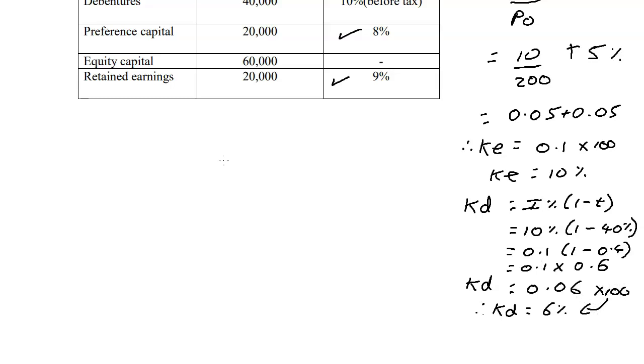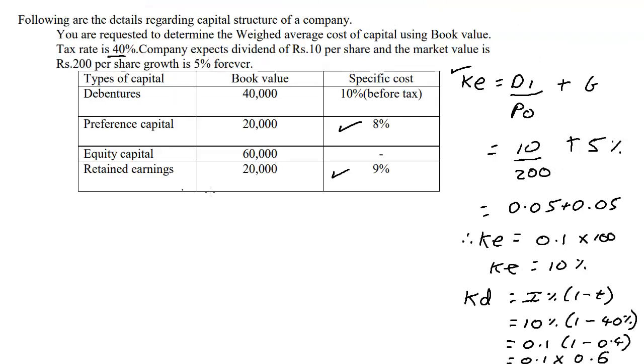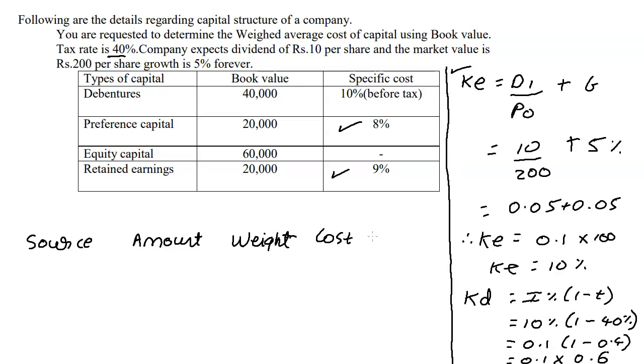Now, we have the data to calculate cost of capital. We have source of capital, we have amount, they're calling it book value, you can call it either, no problem. We have weight, cost, and weighted cost.